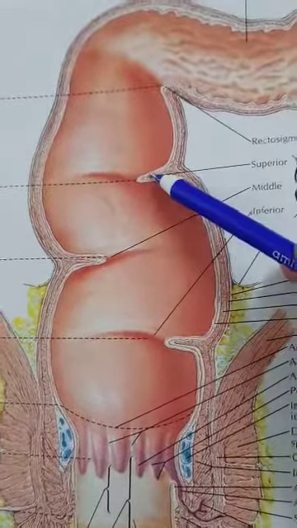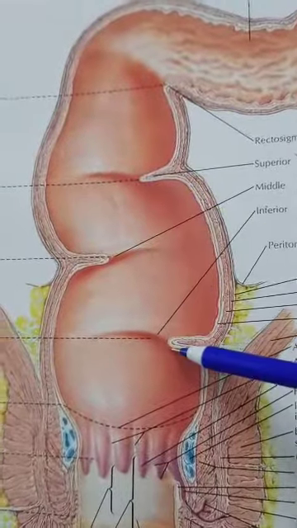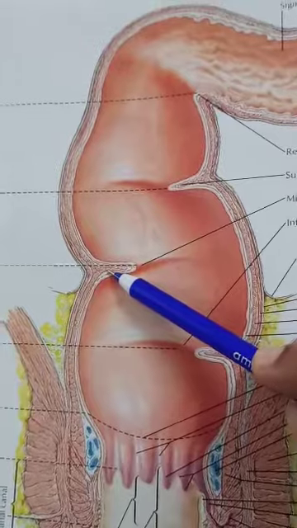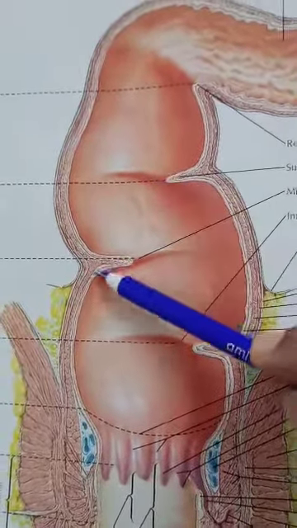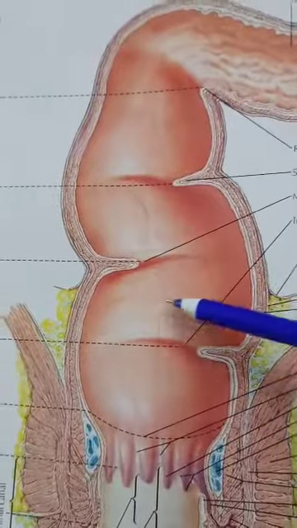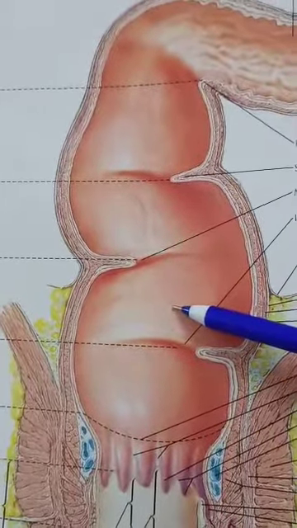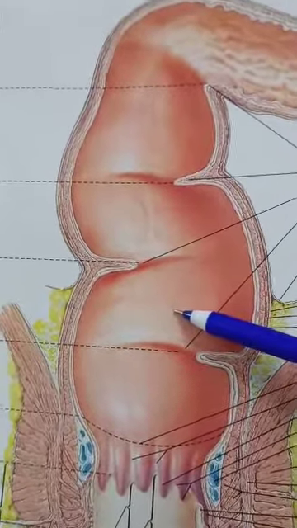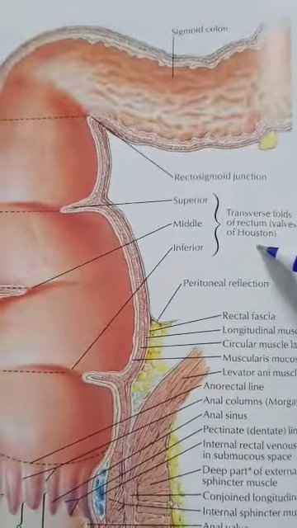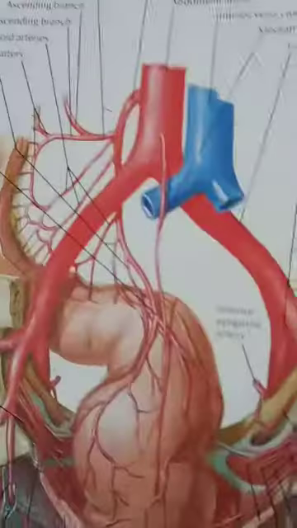So from the left wall, two folds can be seen: the first and third, and the middle one is seen from the right wall. These are the transverse or permanent folds inside the wall of the rectum, known as valves of Houston.